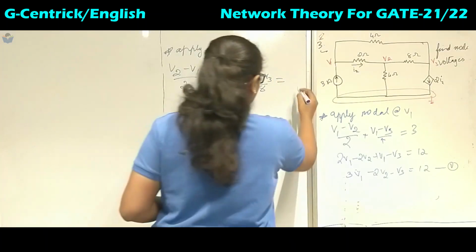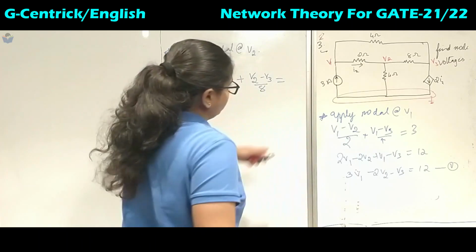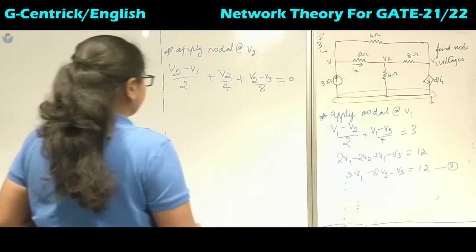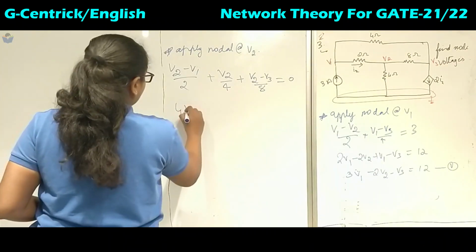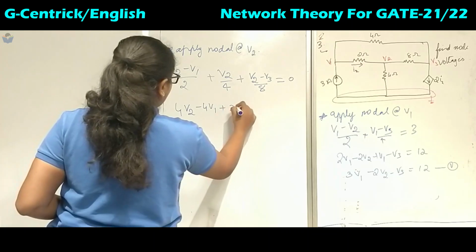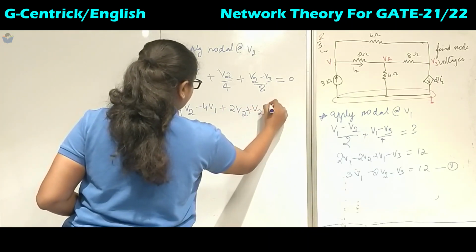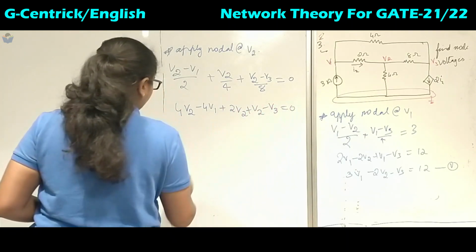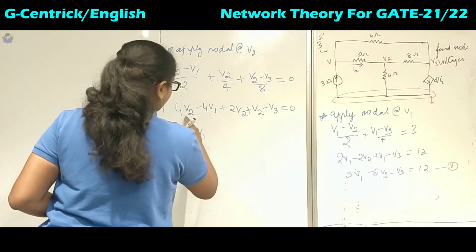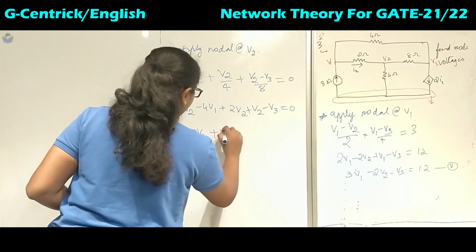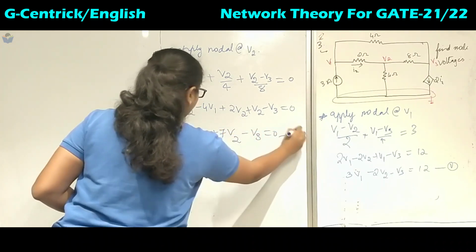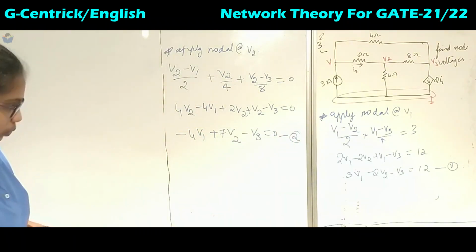Okay, so this will be equal to 0. So there is no incoming current, equal to 0. So the LCM is 8. So 4V2 minus 4V1 plus 2V2 plus V2 minus V3 equal to 0. Minus 4V1, then we have 4V2, 6V2 and 7V2 minus V3 equal to 0, and this is equation number 2.